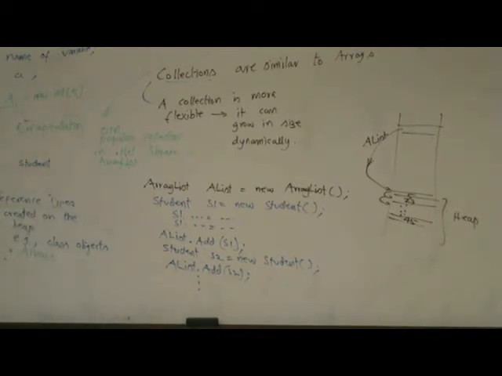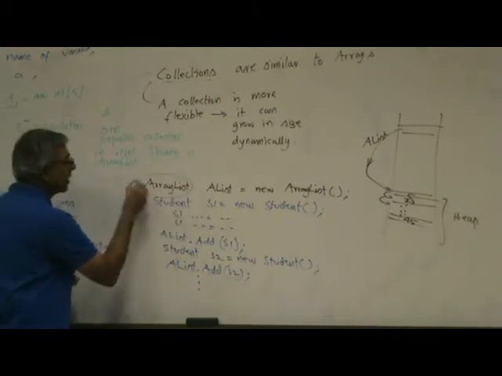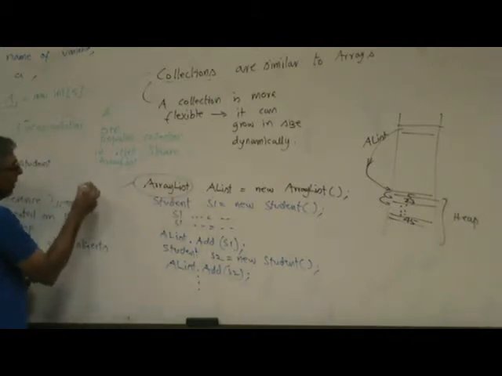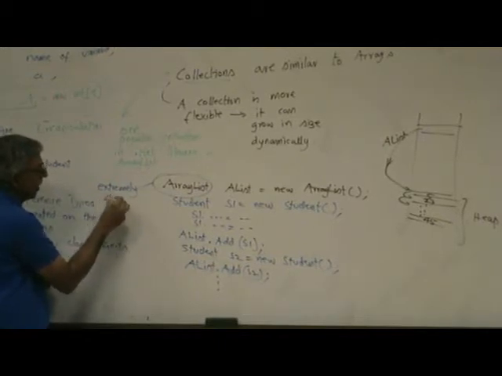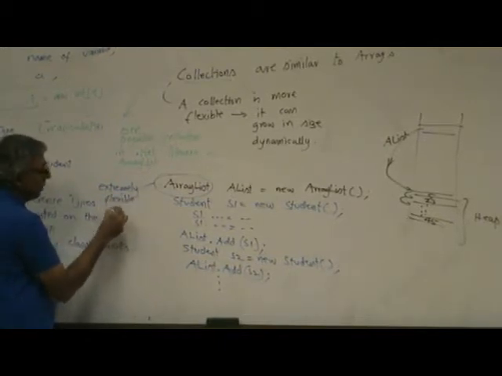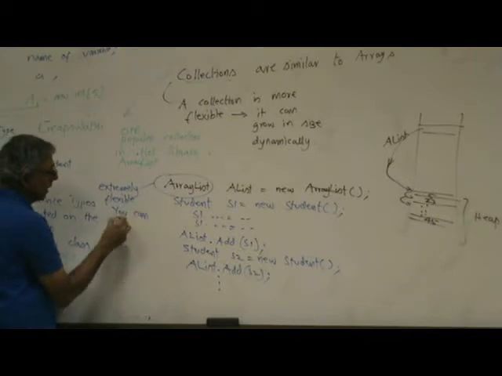Don't we give a type for an array list here? Here's the nice thing about the array list. Array list is very flexible, extremely flexible. In fact, too flexible. You can store anything in it.